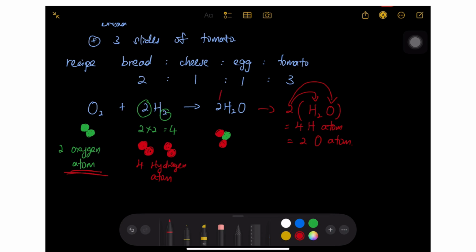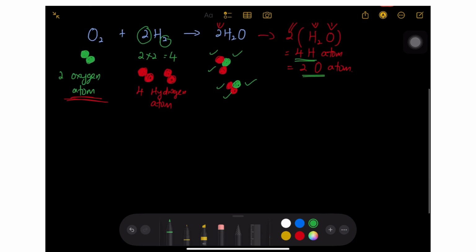And because I have 2, so there are 2 pairs. So when we count it, it is 4 hydrogen, which is the red color, and 2 oxygen, which is the green color.